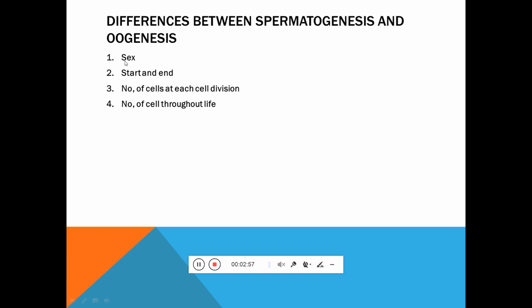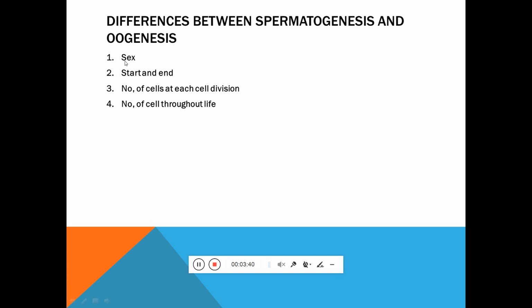That means one spermatogonium divides to form 4 spermatozoa. Cell division in oogenesis also gives 4 cells, but out of the 4, 3 are polar bodies, and only one oocyte is enlarged and converted into one mature cell. So theoretically both have 4 cells, but in spermatogenesis all 4 are functional, while in oogenesis there is only one active cell.